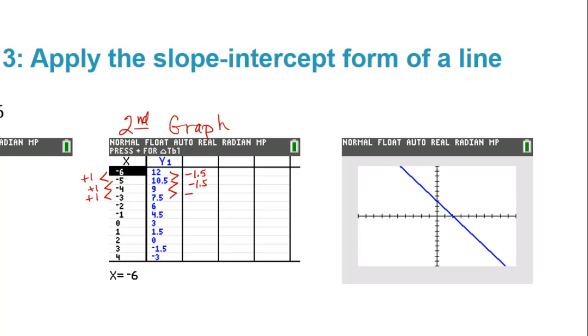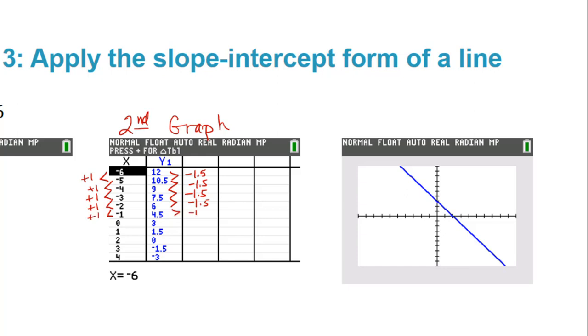From 9 to 7.5, a decrease of 1.5. -3 to -2, plus 1. 7.5 to 6, decrease of 1.5. And I can continue that through every row in my table. As long as I have this consecutive unit change in x, I see that my y values are decreasing by 1.5.